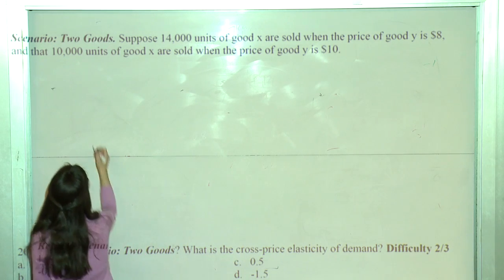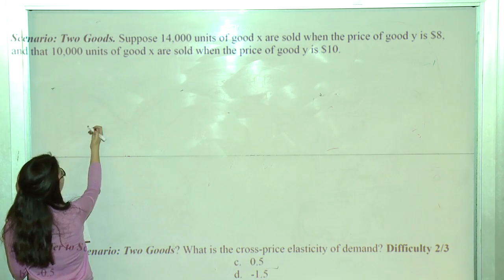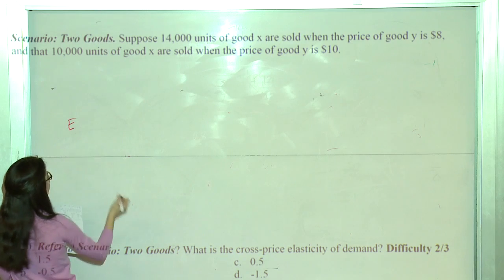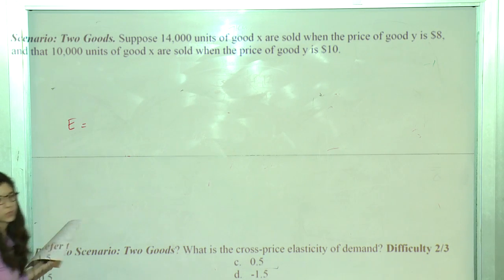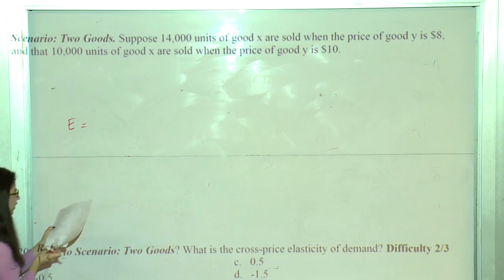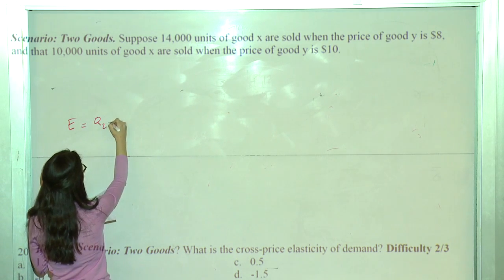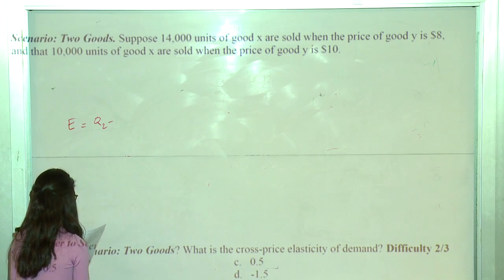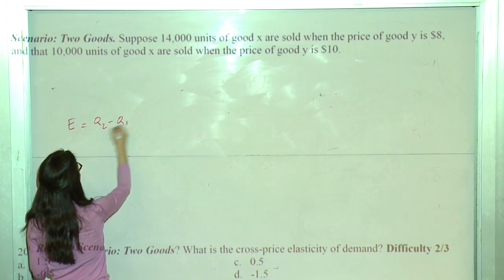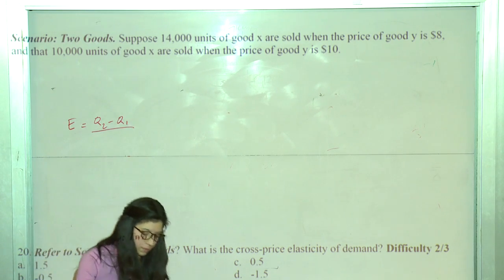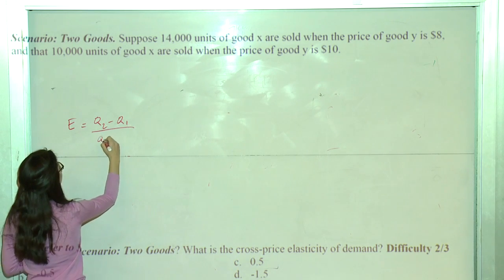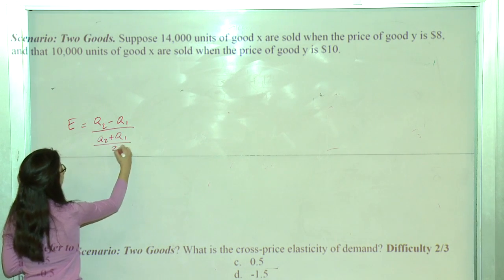We write down the general formula. I'm going to call the cross-price elasticity just E. If you're used to a different notation, just bear with me. We write that this is equal to Q2 minus Q1 over Q2 plus Q1 divided by 2.